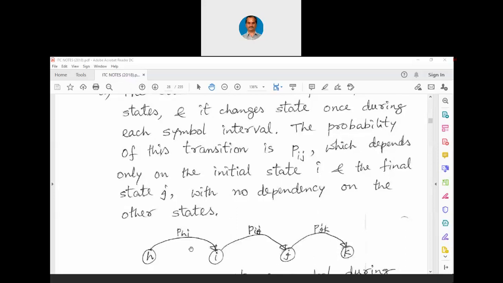Now imagine there is nothing called PHK or there is nothing called PIK. There is only PJK. If we consider PHK and PIK, then our things become more complicated, and there is no use as such. There is no use in considering PHK and PIK.